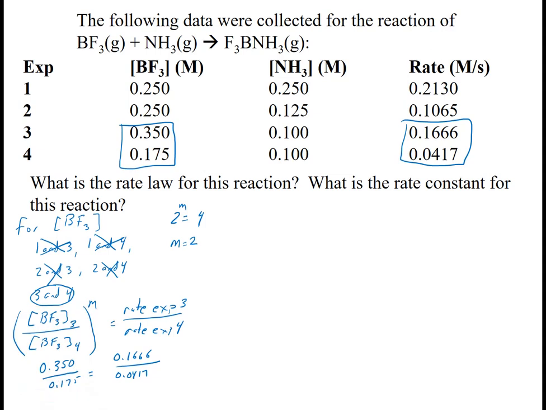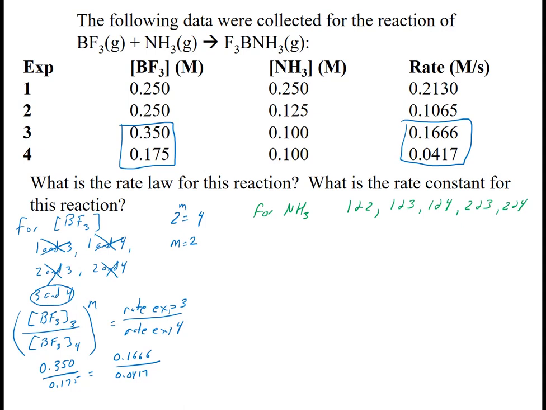So for NH3, I can do 1 and 2, 1 and 3, 1 and 4, 2 and 3, and 2 and 4. 3 and 4, which would be the next one, is not any different. So these are all the ones that are different, and now I'm going to see which one will allow me to have the other concentration be the same.